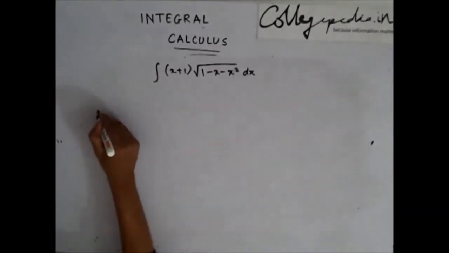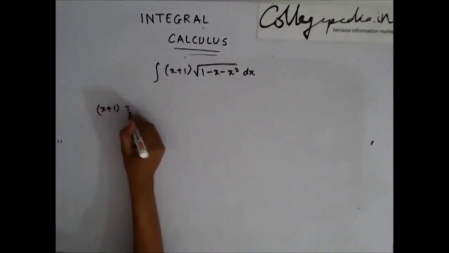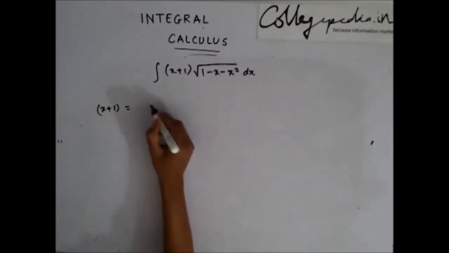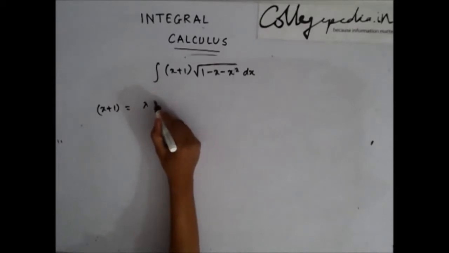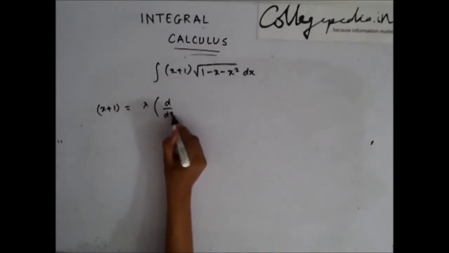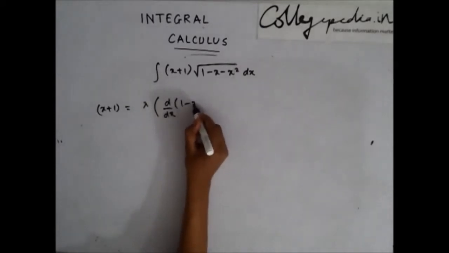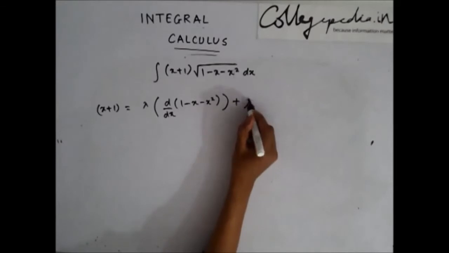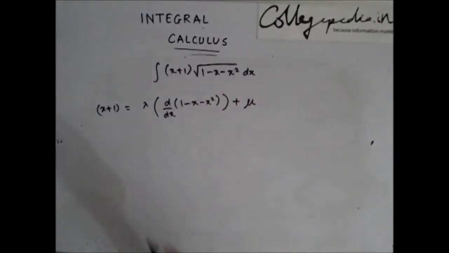What I'll do is I'll try to write x plus 1 as lambda times derivative of 1 minus x square plus some constant mu.